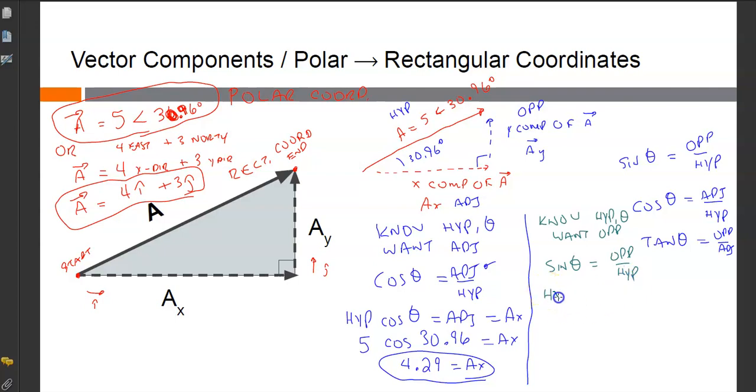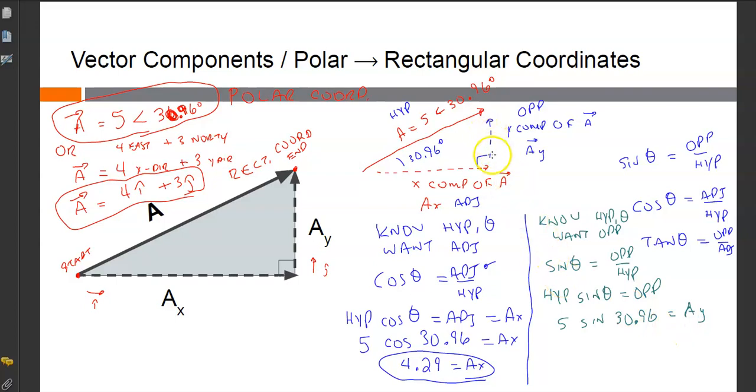Multiply both sides by the hypotenuse because I want the opposite by itself. Like that. And here's 5 times the sine of 30.96. That would be my opposite. I'm going to call that A sub y now.